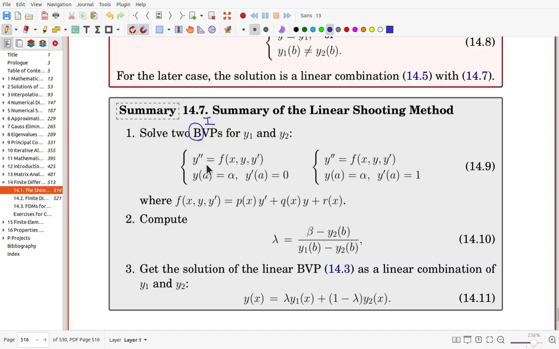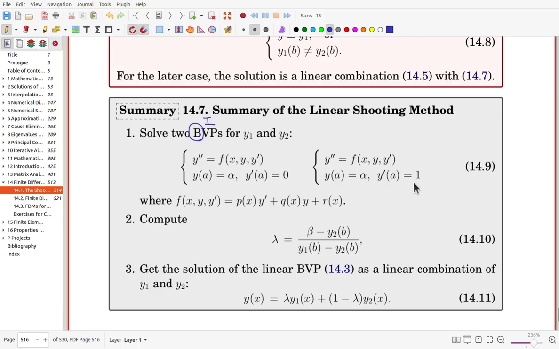Now y double prime is given this way, which is linear, and y at a is alpha, and the slope is 0. The only difference for y2 is that the slope is now 1.